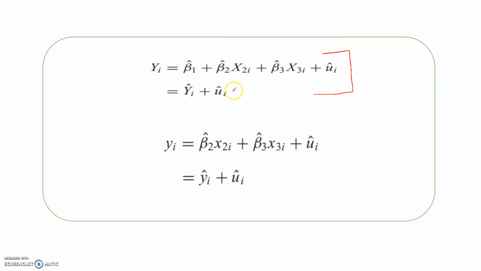And it can also be written as this, since the sum of these three terms is equal to yi hat. And if we want to switch this equation to its deviation form, this is how it's going to look. So this is the deviation form of yi. That is why it is written in lowercase.